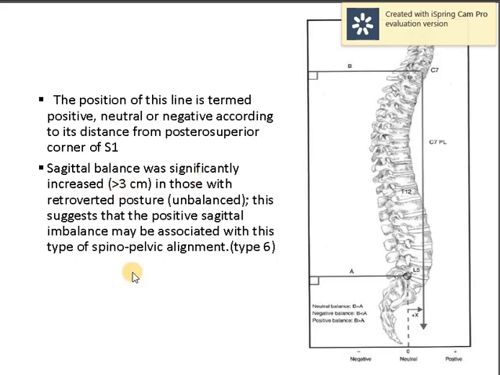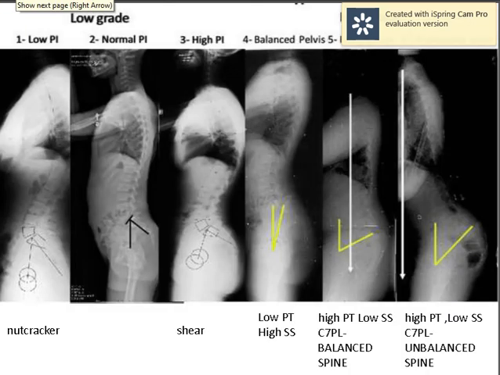Sagittal balance was significantly increased, more than 3 cm, in those with retroverted posture, unbalanced. This suggests that positive sagittal imbalance may be associated with this type of spinopelvic alignment. So you can see low PI, normal, high PI, balanced pelvis, retroverted, unbalanced.